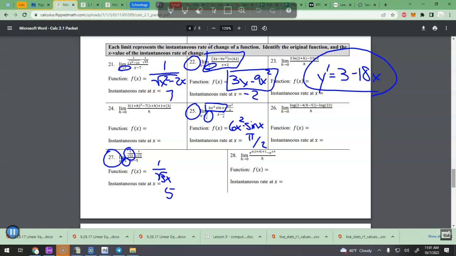So follow the rules I just showed you. 1 times 3 is 3. Then you put the x, then if you reduce the power by 1, what's x to the 0 power? 1. So that's where that comes from. 2 times negative 9, negative 18, and then reduce the power by 1, so that's where that comes from. You don't have to understand that for like a week. I'm just trying to fast forward.